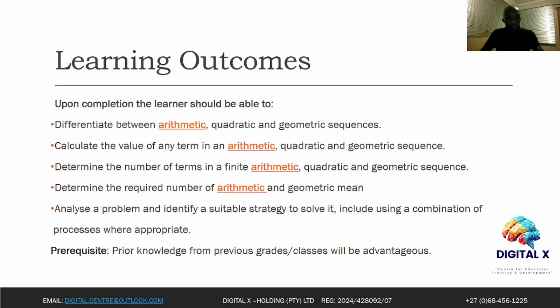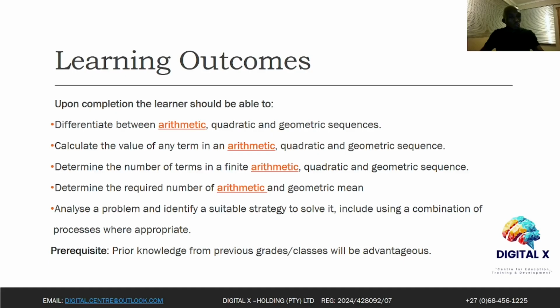So just to give you an overview of today's lesson, here are the learning or specific outcomes. And they are as follows. Upon completion, learners should be able to differentiate between arithmetic, quadratic, and geometric sequences, to calculate the value, and in this video we'll be looking at arithmetic sequences.